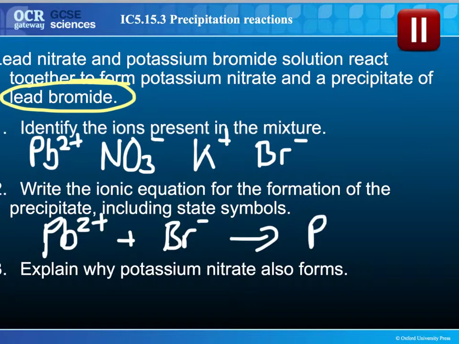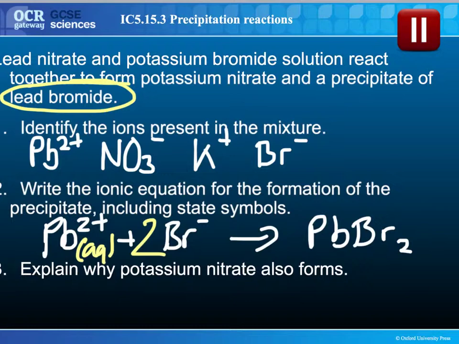Now you should know that lead bromide is PbBr2, and it's PbBr2 because the 2+ charge from the lead and the negative charge from the bromine need to be balanced. So in order to do that, we need two of these bromide ions, leaving us with PbBr2. We can input state symbols there: aqueous, and solid.